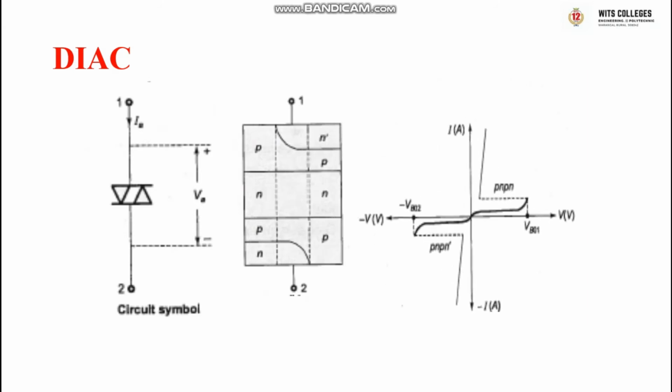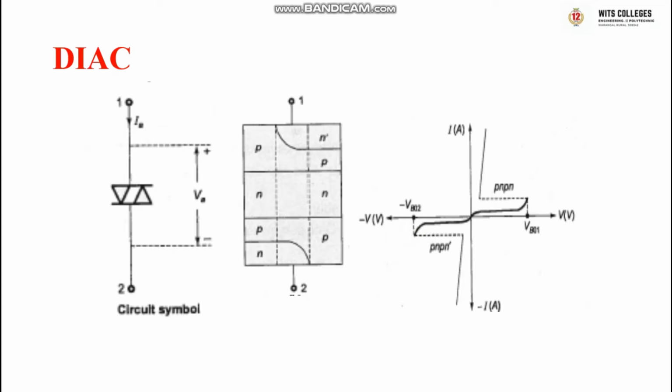So these are the VI characteristics of diac. These characteristics are obtained when terminal 1 is positive and terminal 2 is negative, and quite the opposite when terminal 2 is positive and terminal 1 is negative. In this quadrant we will get the VI characteristics.